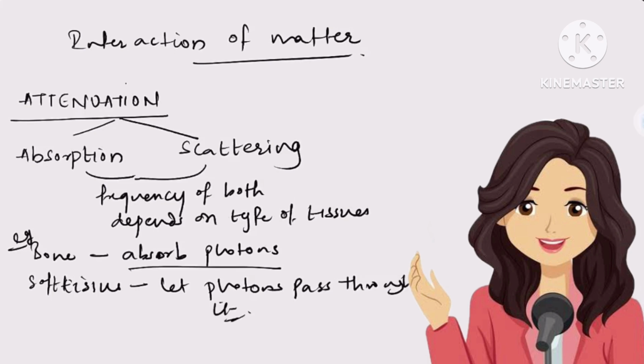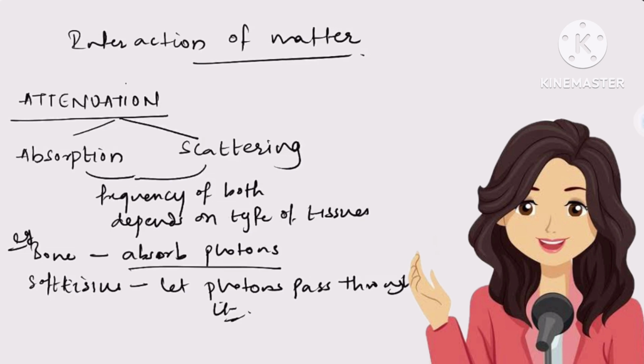Okay. So the attenuated beam means the beam has passed through tissues. Either the photons will get absorbed or scattered depending on the tissues. The beam which comes out after this procedure will have differential absorption of photons. It means if you pass the beam through the cheeks, soft tissues, buccal mucosa, and then the teeth, some photons will pass through and some photons will be absorbed by the tooth.